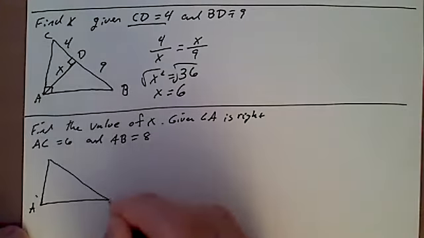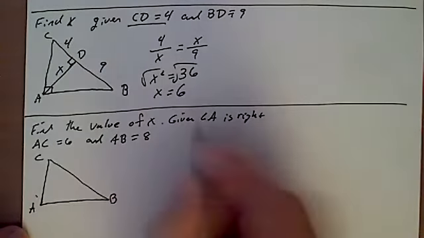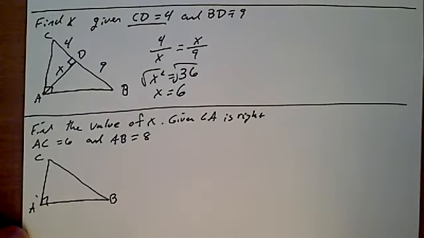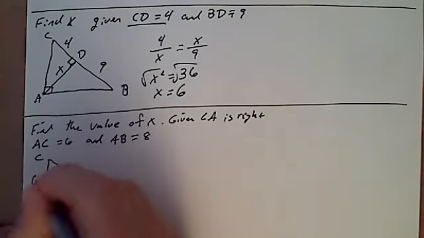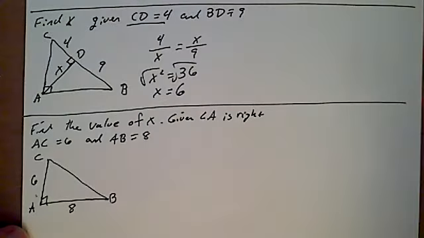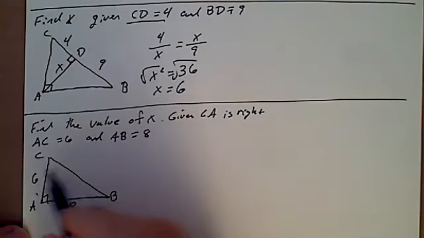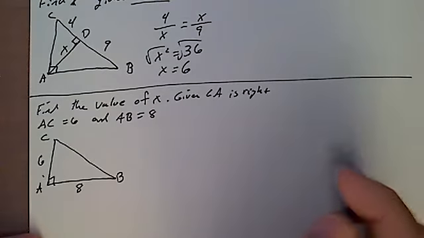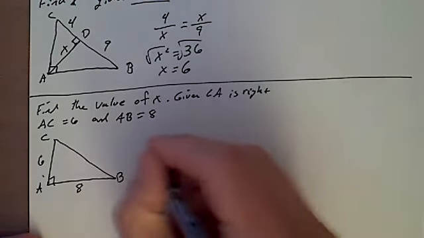So A, B, C, angle A is a right angle, AC is 6, AB is 8. Since it's a right triangle and we know 2 sides, to find this third side we use the Pythagorean theorem.